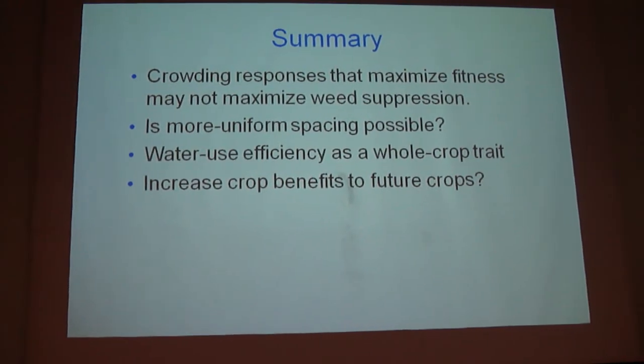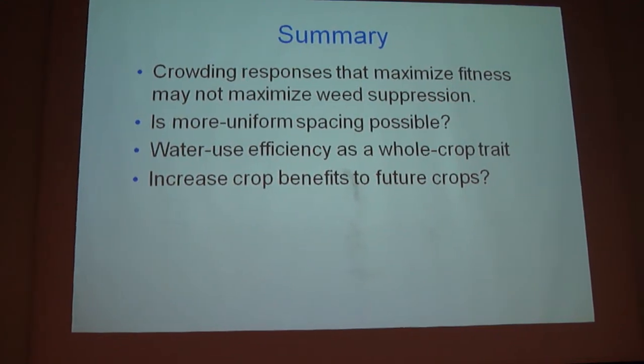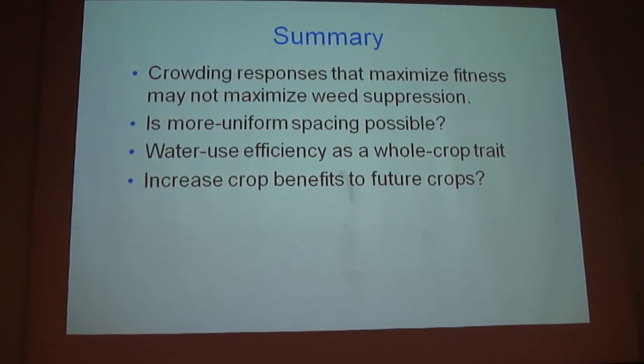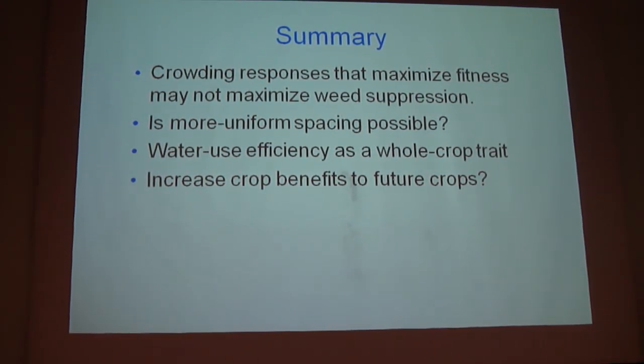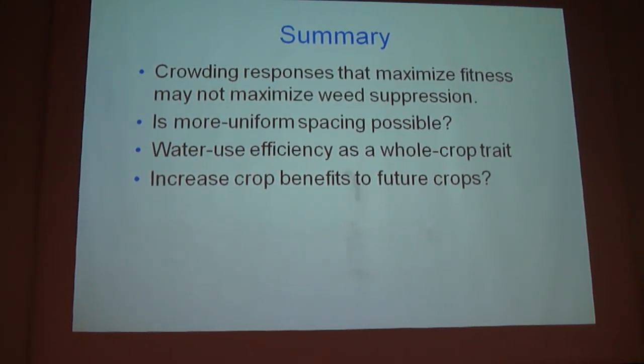So to summarize, crowding responses that maximize individual fitness aren't necessarily those that are best for yield potential, but they may also not be best for weed suppression. There may be some opportunities there.